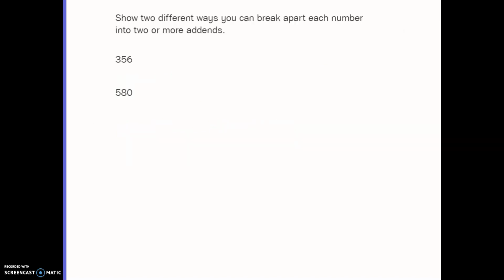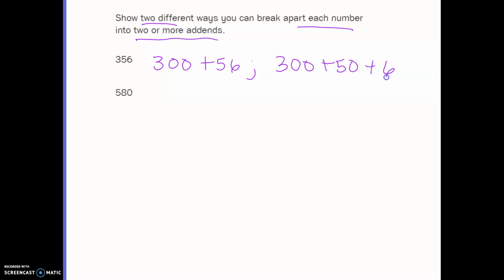Now I have two 3-digit numbers. Show two different ways that you can break apart each number into two or more add-ins. So how could you break apart 356? Well, maybe you could go 300 plus 56. What else could you do? Well, I could go 300 plus 50 plus 6.